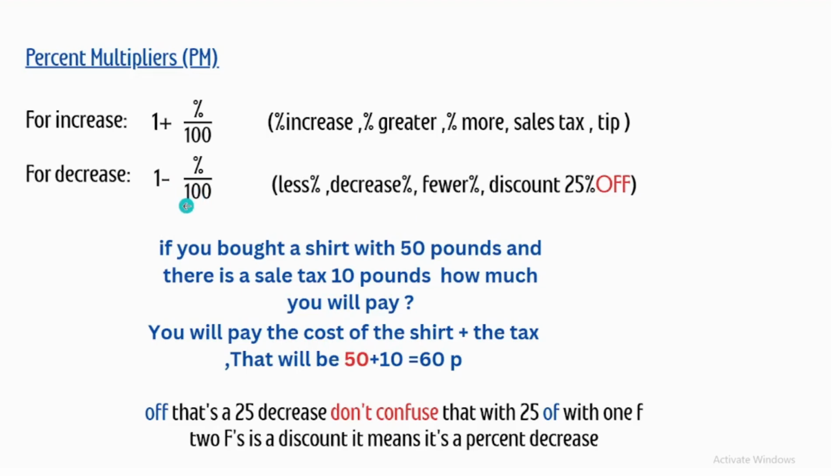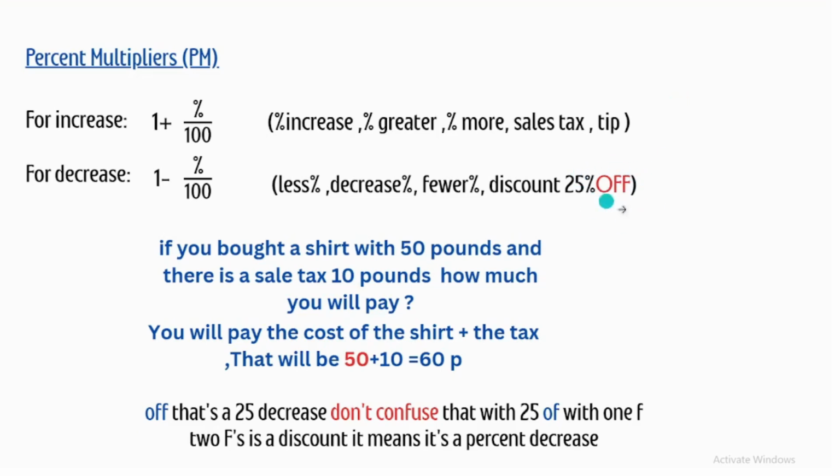We have here a very important note. We have off with double F, that is a 25% decrease. Don't confuse that with the 25 off with one F. Off with two Fs is a discount.